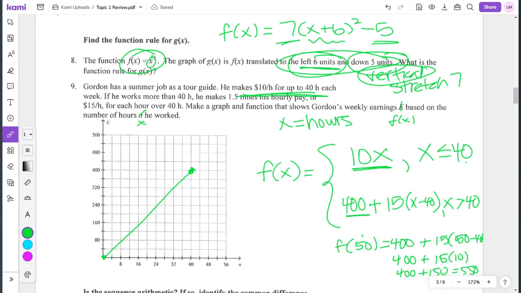So I'm going to 50. So this is counting by fours. Each tick is 4. And I'm at 50, so I'm going halfway. So 50 and 550. A little bit higher than that.